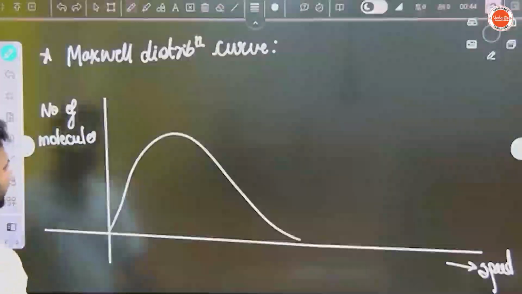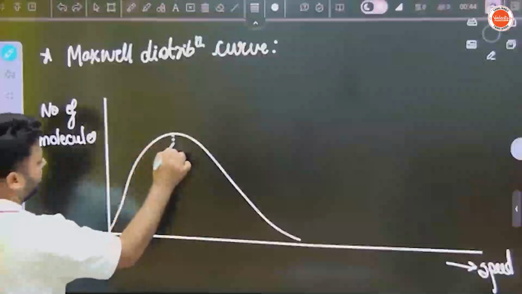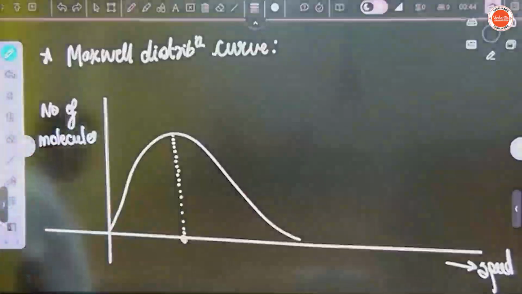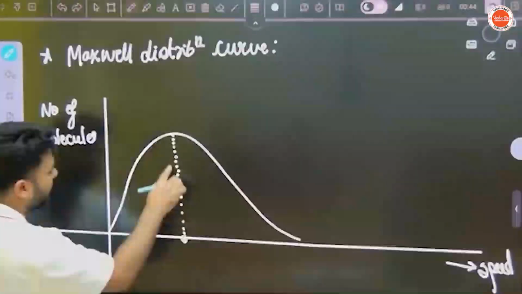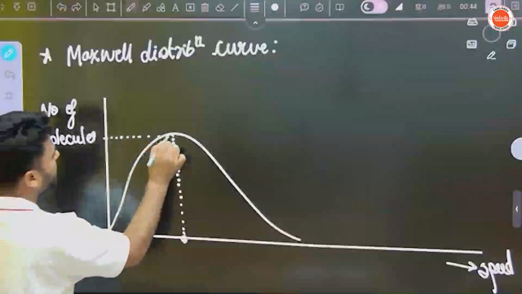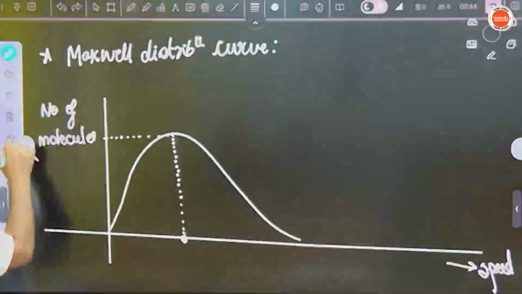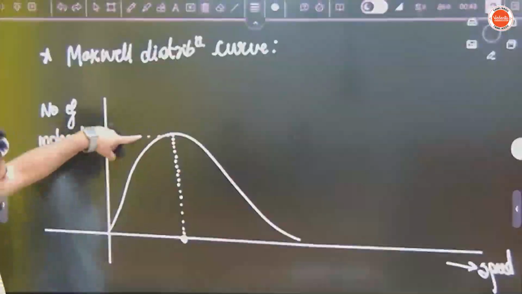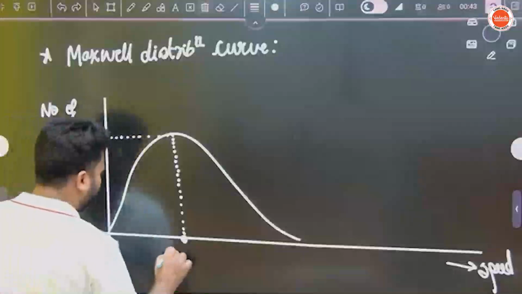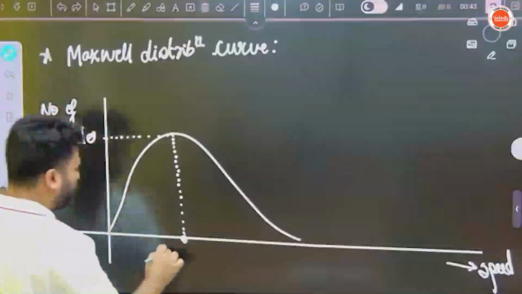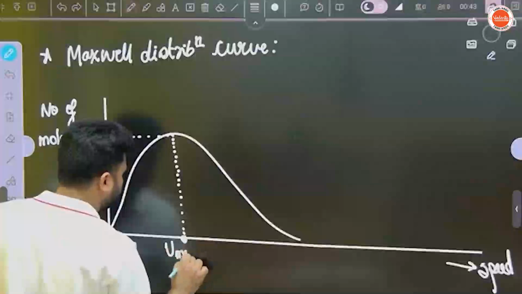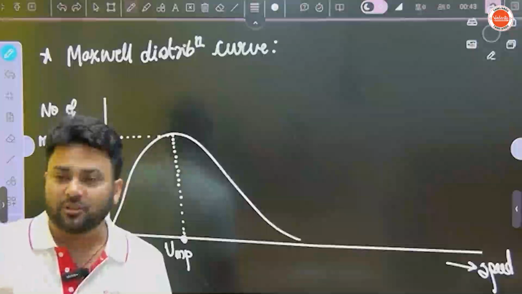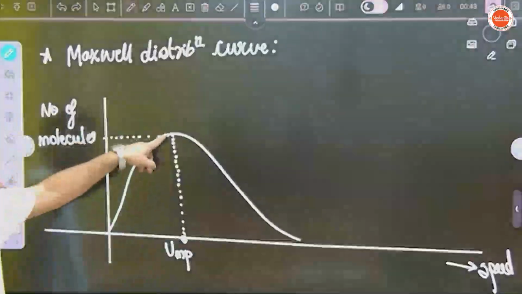You have to tell, if I say this speed, what should this speed be? See, this speed is attained by the maximum number of molecules. Here it is the number of molecules, so the maximum number of molecules are attaining this speed. So this will be the most probable speed, V MP. Why? Most probable speed is that speed which the maximum number of molecules possess.